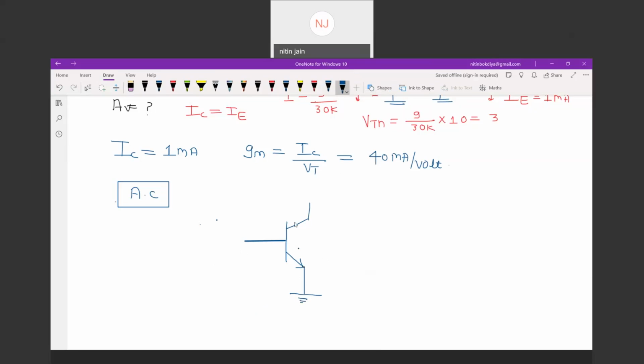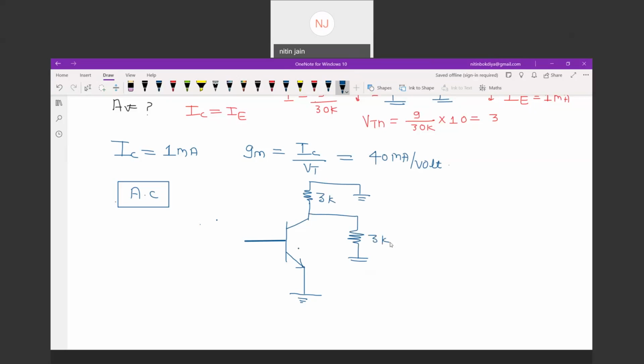फिर कलेक्टर पे क्या कनेक्टेड है? यू कैन से कलेक्टर से कनेक्टेड है एक 3 किलो ओम रेजिस्टेंस. फिर क्या देखा? कलेक्टर से एक कैपेसिटर के थ्रू 3 किलो ओम रेजिस्टेंस. और ये कितना है? At least this is AC ground. फिर यहाँ एक कैपेसिटर कनेक्ट था which behaves as a short circuit, और एक रेजिस्टेंस यहाँ कनेक्टेड है 3 किलो. ओके फाइन. फिर क्या? बेस पे क्या लगाया है? इनपुट लगाया है. ओके.